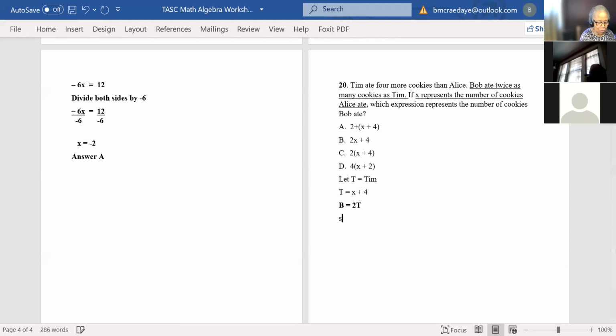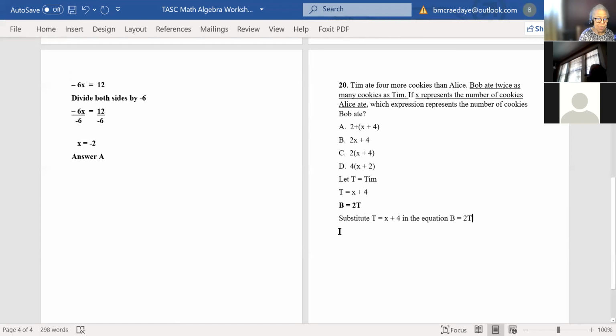I can substitute T equal X plus 4 in the equation B equals 2T.